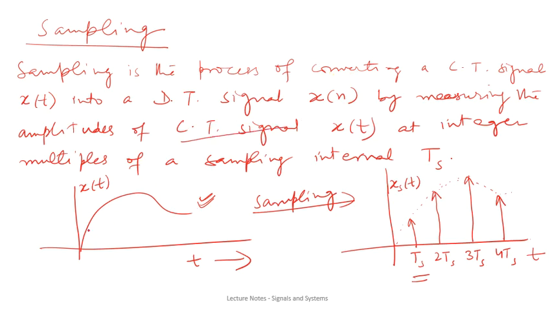Okay, so in this signal if you take the samples at different time instants, at each of these points the signal has a different amplitude, and this is what is shown in this figure on the right hand side.